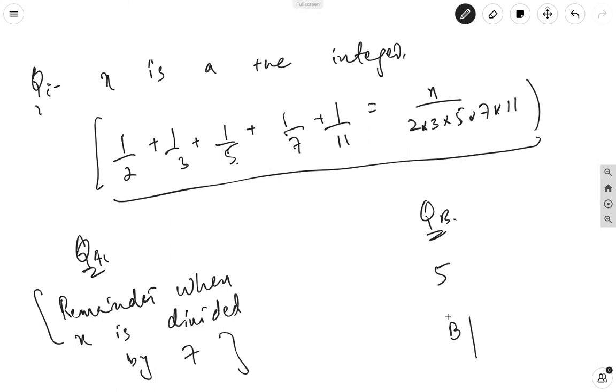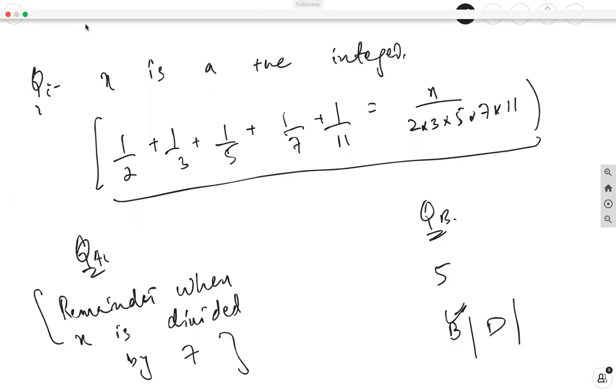B. Option B. Okay, so all of you are with B. Anyone who is still solving, or shall I solve this now? Okay, so there is one D as well.